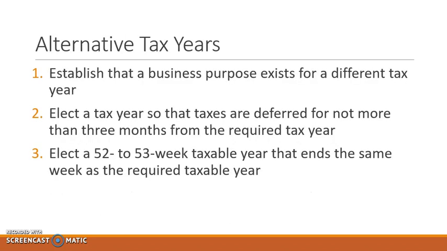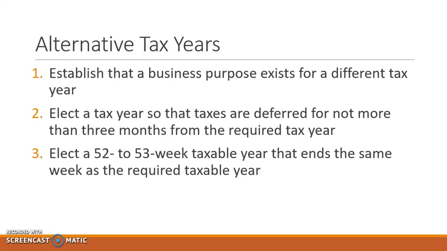But there are also alternative tax years that are available if the required tax year is not desirable for the company. So the first option is to establish that there's a specific business purpose that exists for a different tax year. This has to meet the IRS's satisfaction for you to use this option. The second option is to elect a tax year so that taxes on partnership income are deferred for not more than 3 months from the required tax year.